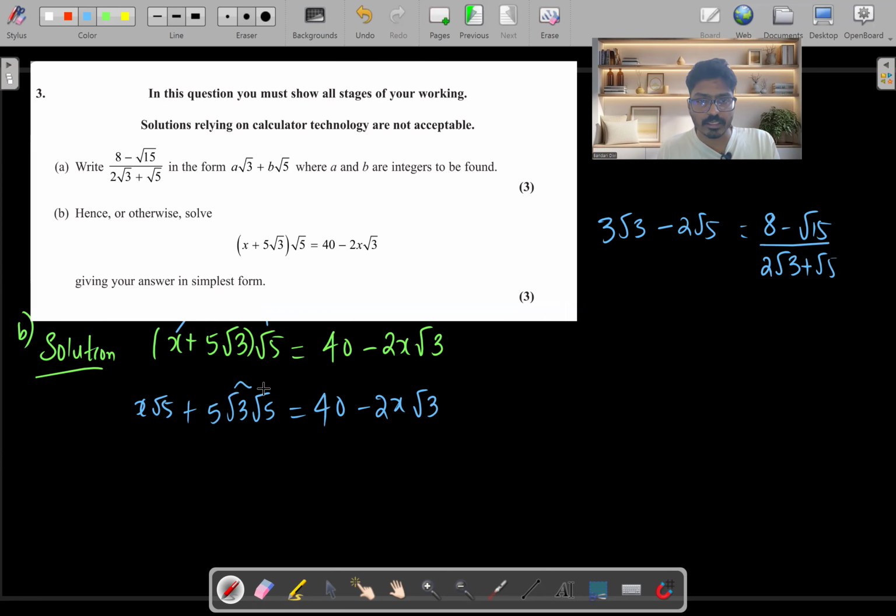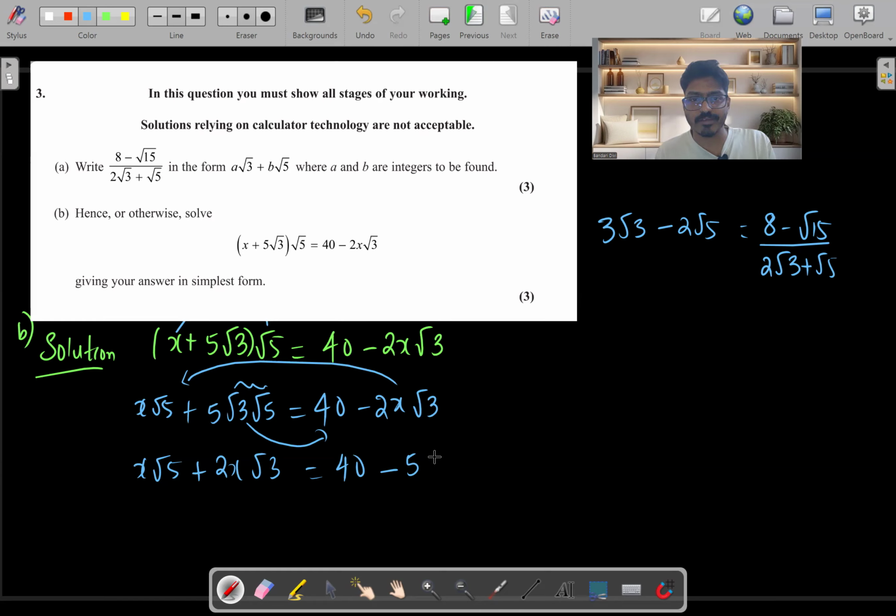And then I can take this to the other side. So x root 5 plus 2x root 3, which is equal to 40 minus 5 root 3 times root 5, I can write it as root 15.